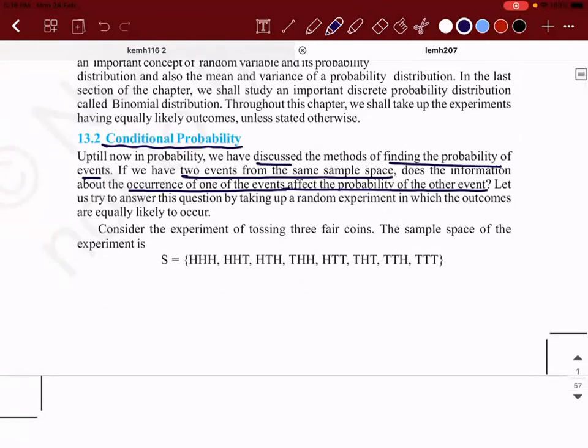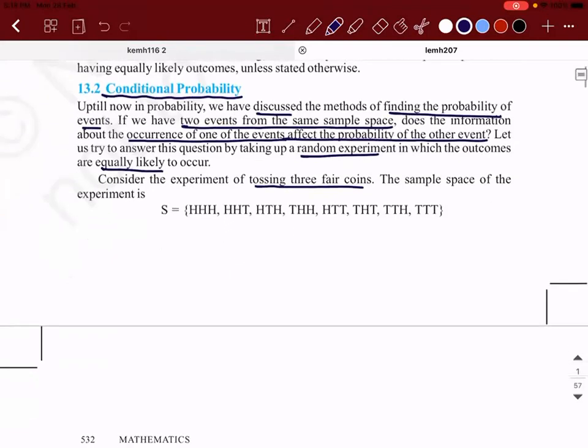Let us try to answer this question by taking up a random experiment in which the outcomes are equally likely to occur. What do you mean by equally likely? Every possible outcome has the same value of probability. That is the meaning of equally likely. So if you consider the experiment of tossing 3 fair coins, how will you write the output?